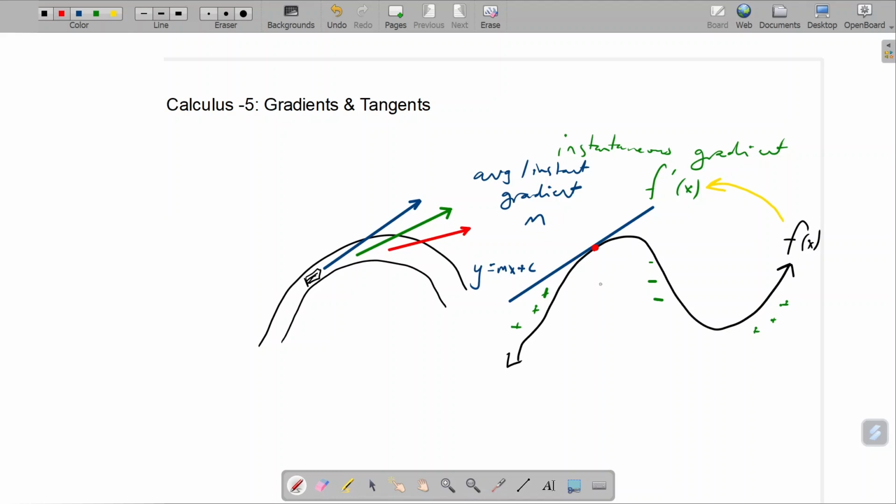But at this point of tangency, and this is the key, the blue gradient of the tangent and the green gradient of the graph, and here I mean the instantaneous gradient, at this point here, these two gradients, in fact, are equal.